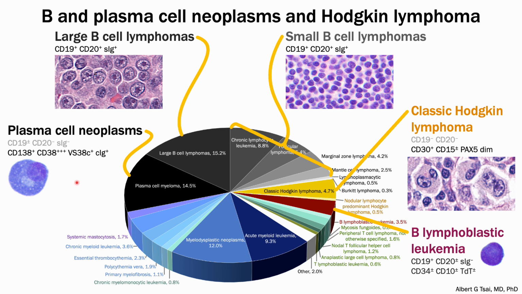Immunophenotypically, they tend to lack CD19 and CD20. CD138 is fairly specific. Super bright CD38 is a pretty good marker for them, as is VS38C, and they'll have monoclonal cytoplasmic but not surface immunoglobulin.